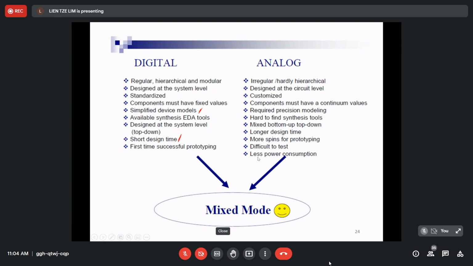Less power consumption. So these are the characteristics for analog IC. When we combine these two, if the IC is required to process analog signals and digital signals, then we call it a mixed mode.